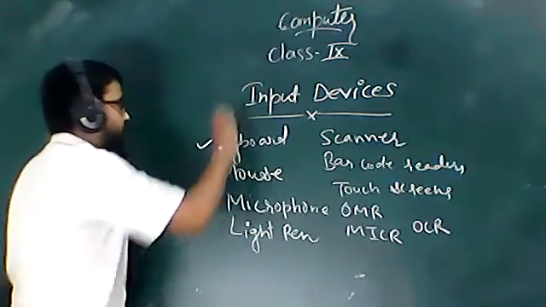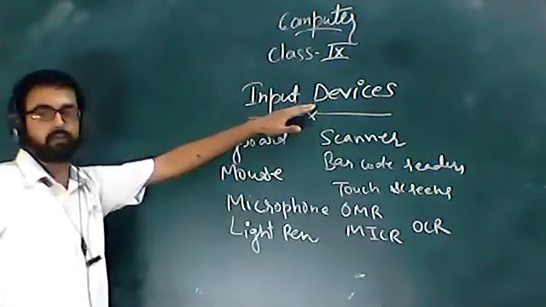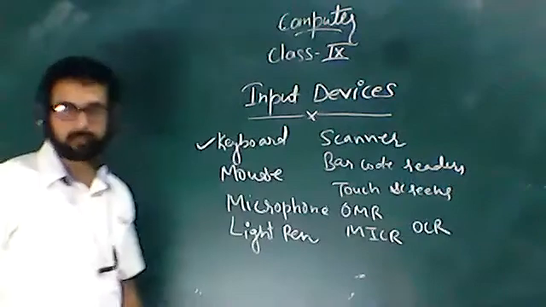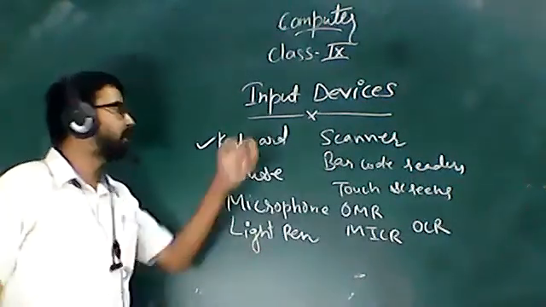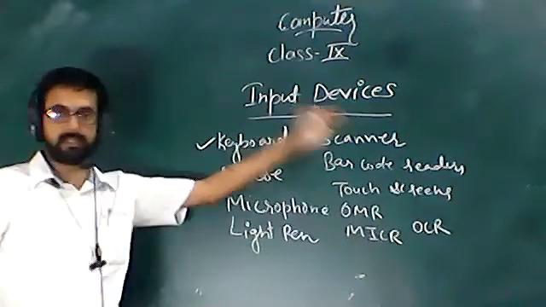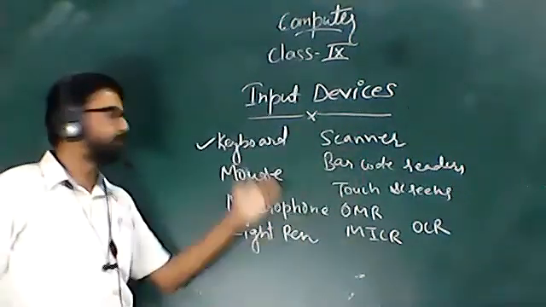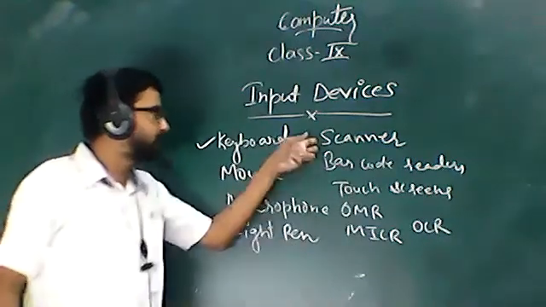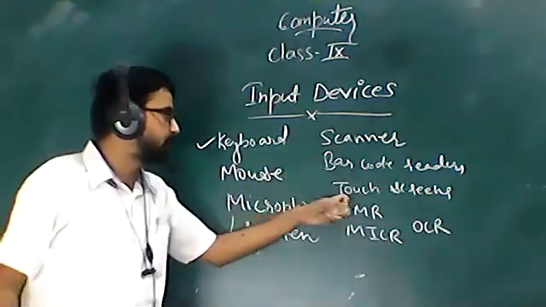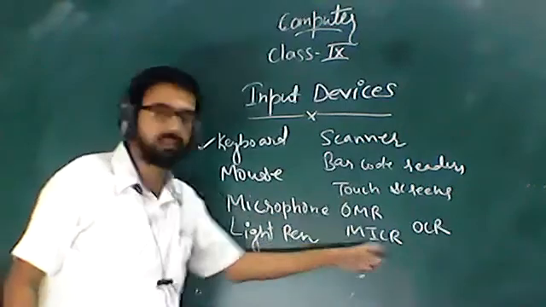The device through which we give instruction to the computer system is known as an input device. These are all examples of input devices: keyboard, mouse, microphone, light pen, scanner, barcode readers, touch screen, OMR, MICR, OCR.